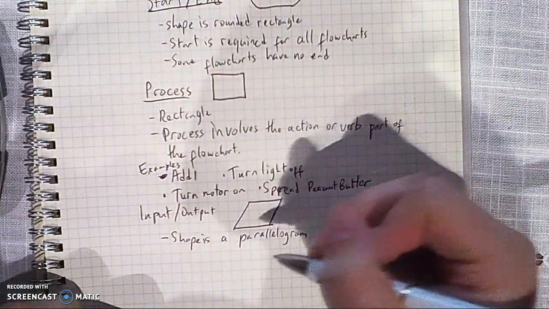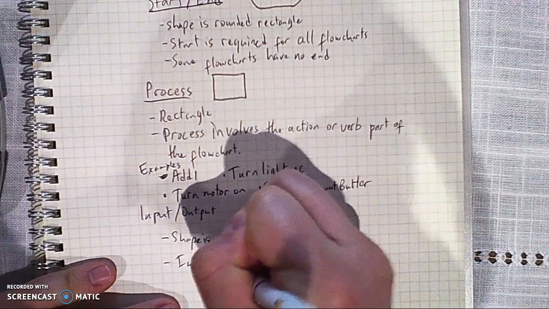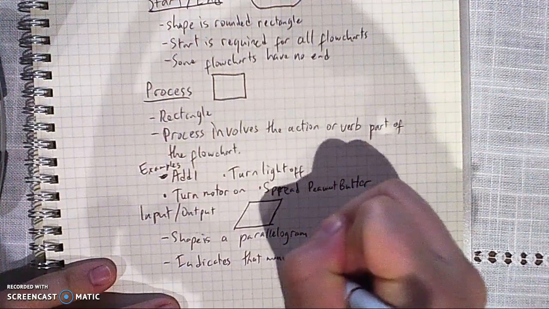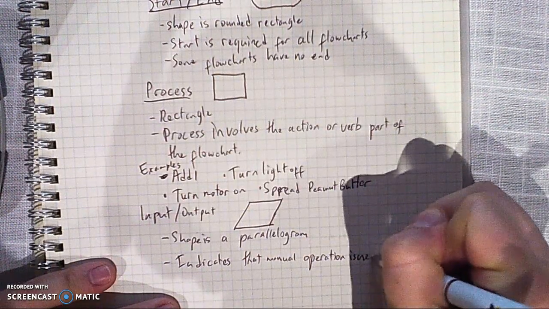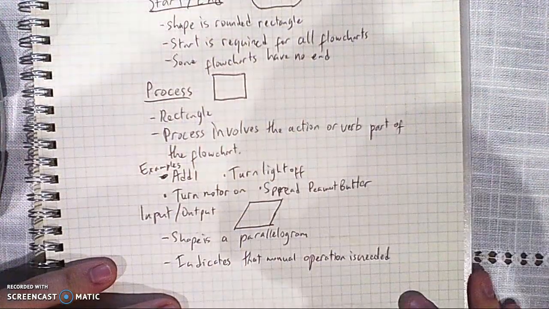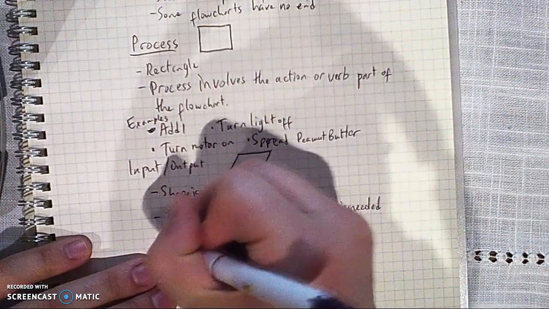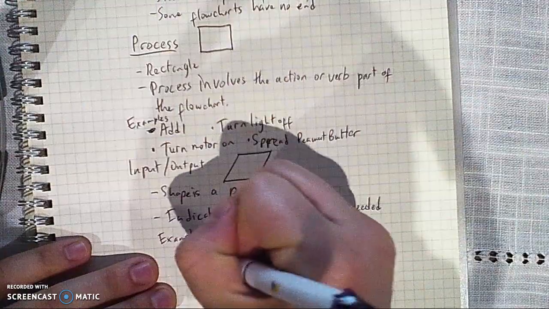So it indicates that manual operation is needed. Examples: type in weight.